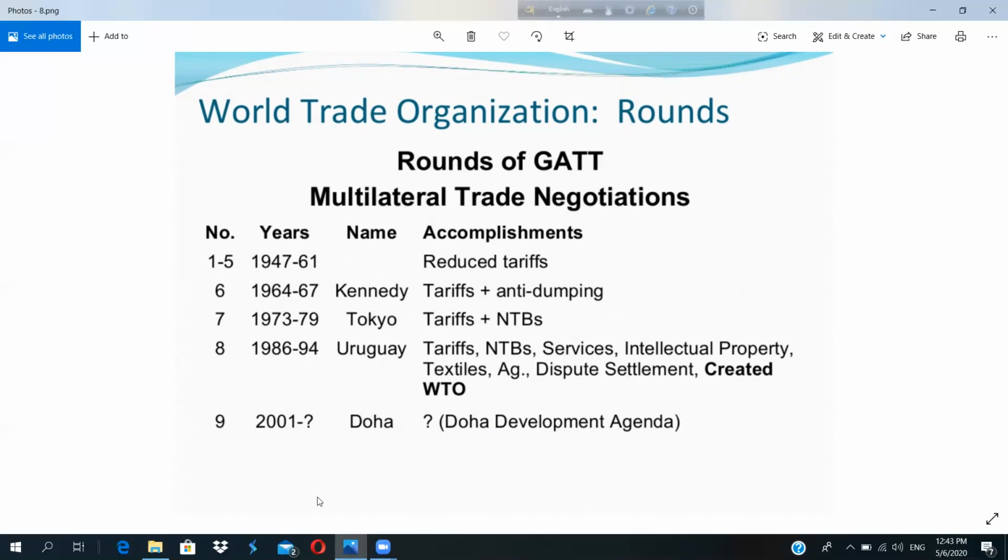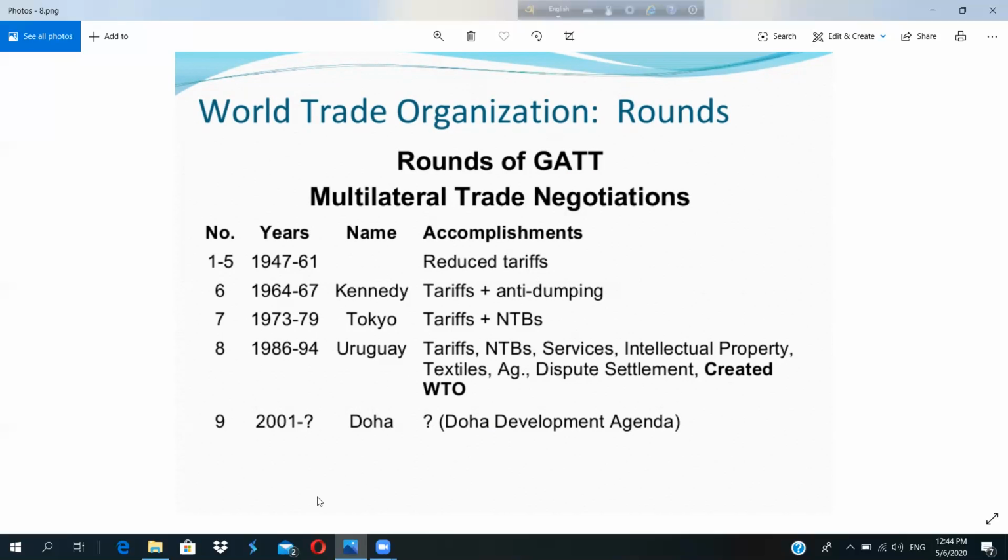And round number 7, 1973 to 1979, was called the Tokyo Round, and that was about tariffs plus non-tariff barriers. Round means a meeting or conference that was held regarding tariff and non-tariff restrictions regarding international trade.